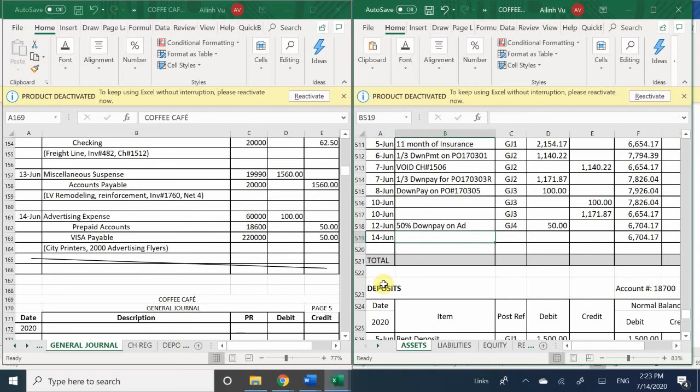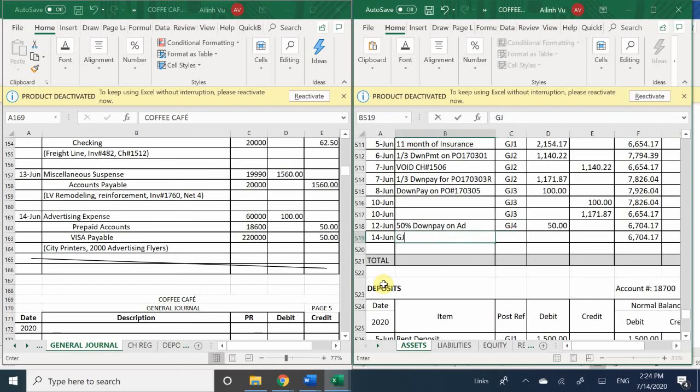And there's actually really nothing that you can say there, except I wouldn't know what to put in here because we already wrote 50% down payment on ad. So, I don't know what else you can put there.